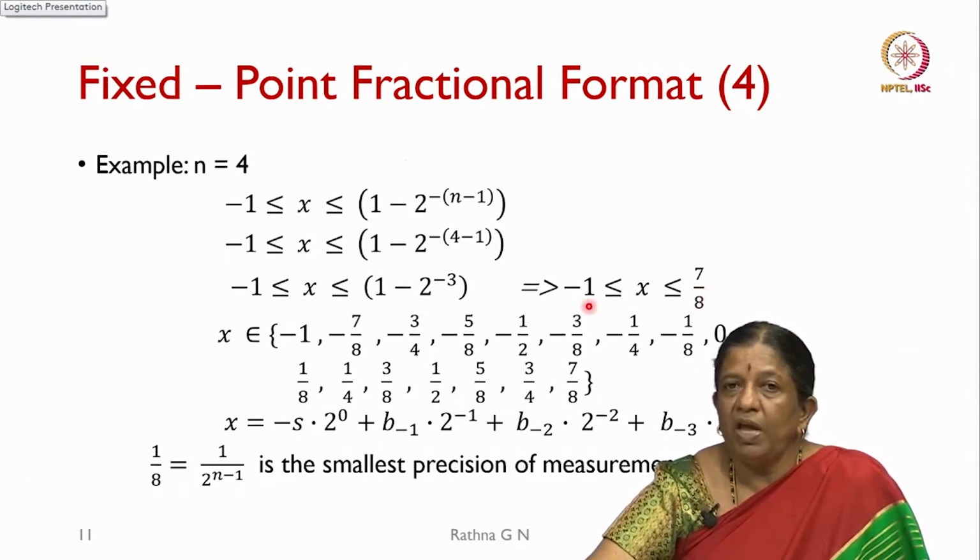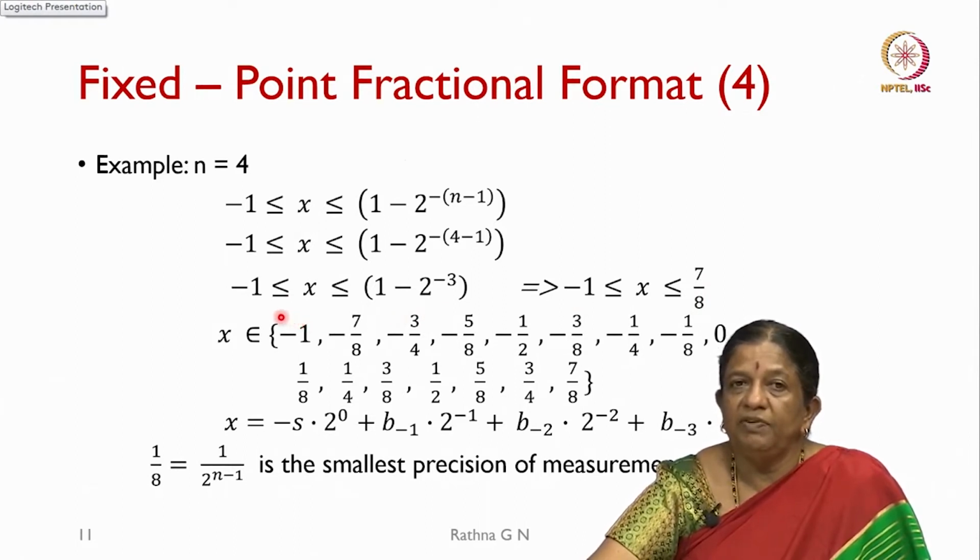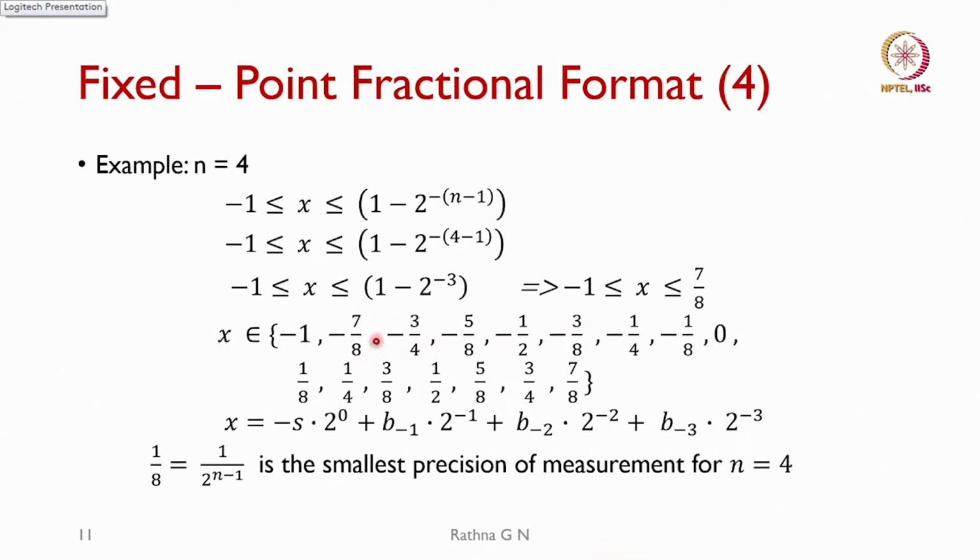That is what we have to represent. Then the x values will be from minus 1 to plus 7 by 8. The smallest value will be minus 1, then next will be minus 7 by 8 and so on, minus 3 by 4 and then minus 5 by 8.